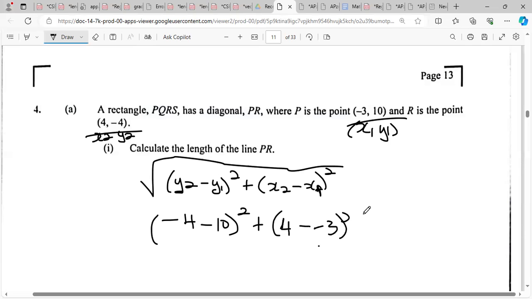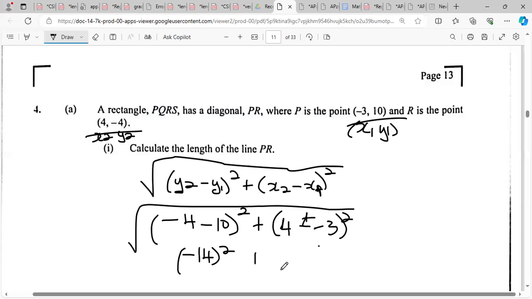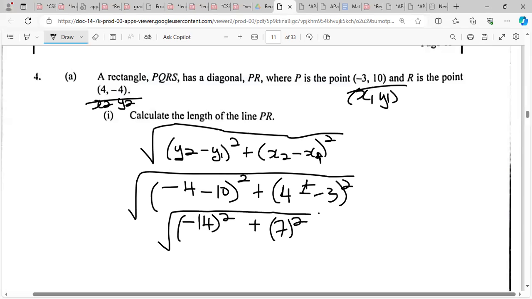So we can simplify. This is going to give us -14. No matter, guys, when it's squared you'll get a positive, as length cannot be negative. And this becomes plus 7 squared. 14 times 14 is 196, plus 49.